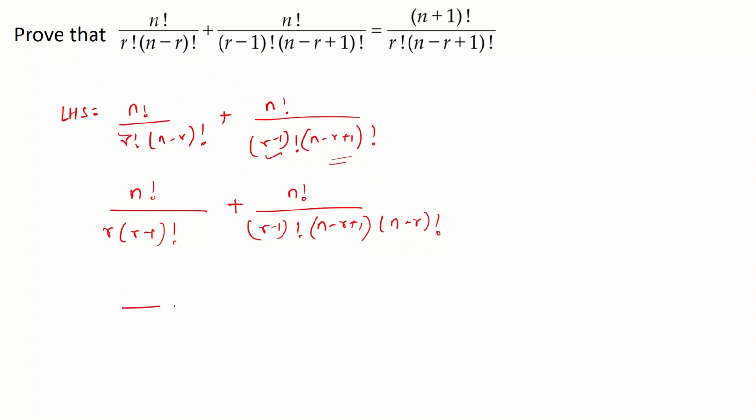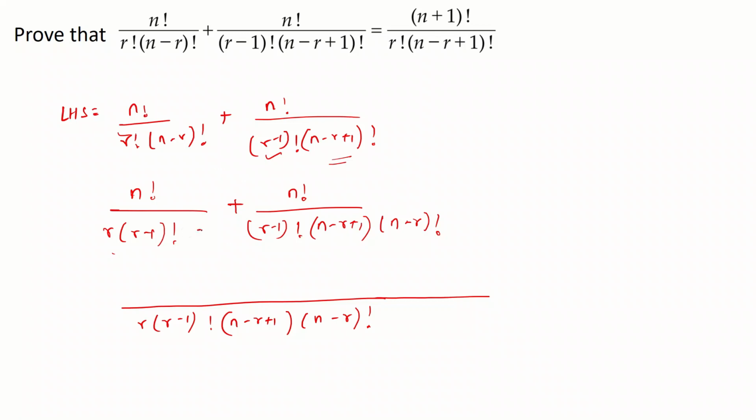Alright, now we can take the LCM. So the LCM will be r times r minus 1 factorial times n minus r plus 1 times n minus r factorial. Okay, so what do we have left in the first expression? Sorry, I missed out this n minus r factorial over here.